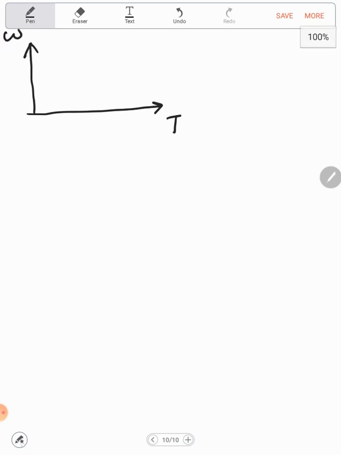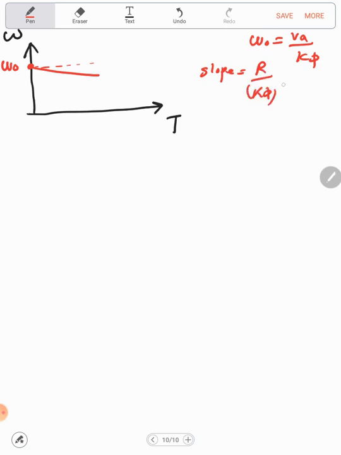The first thing here, we will have the no load speed omega naught, which will equal VA over K phi, and remember here the flux is constant because we are assuming armature controlled or a pair of magnet, and after that we have a slope due to the reduction, and the slope here is equal to R over K phi squared. Now this line is for a certain voltage.